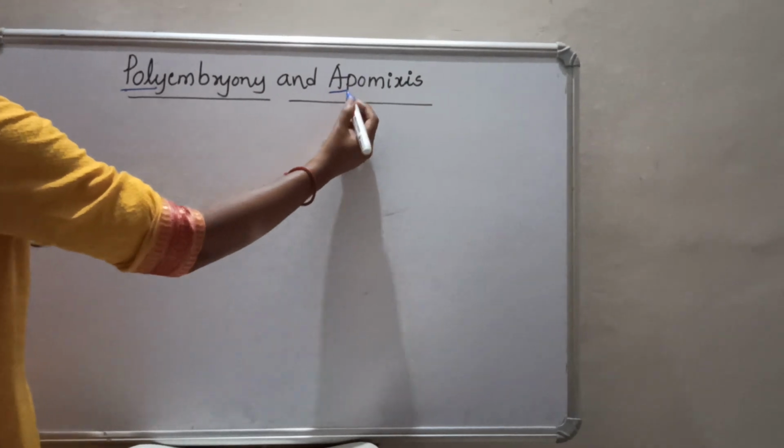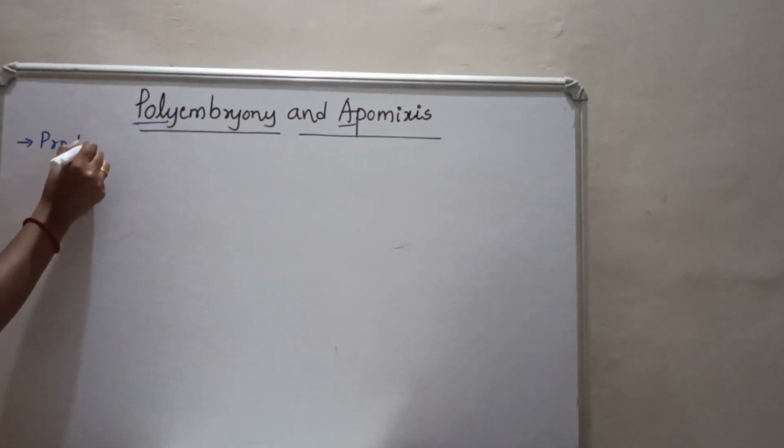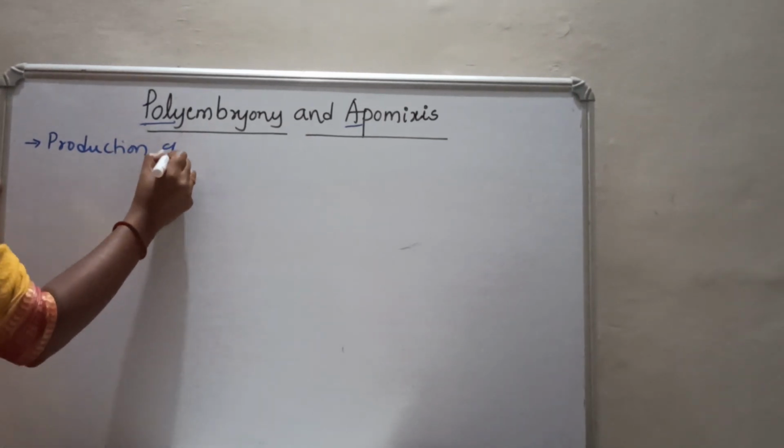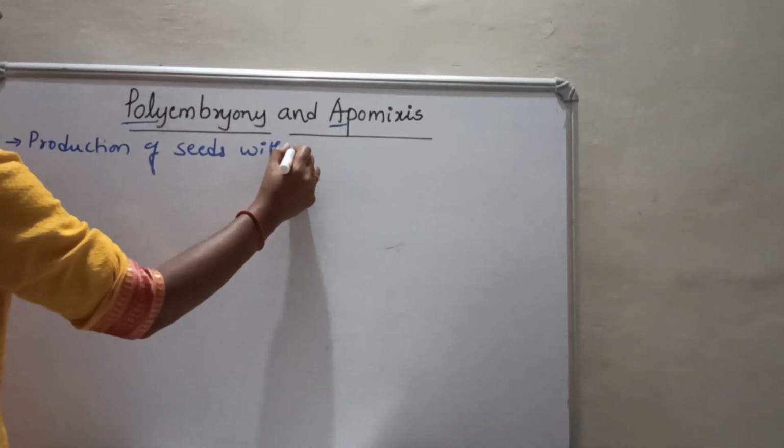And next is apomixis. Apomixis means the production of seeds without fertilization.